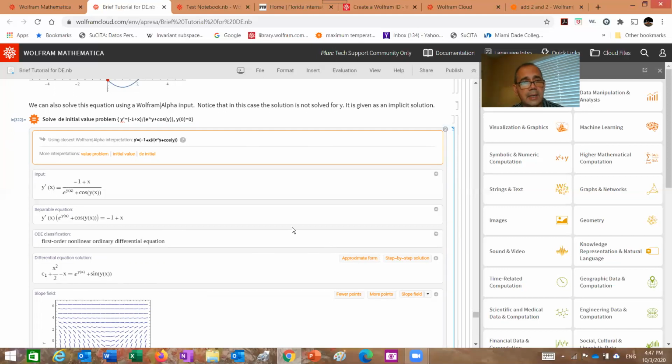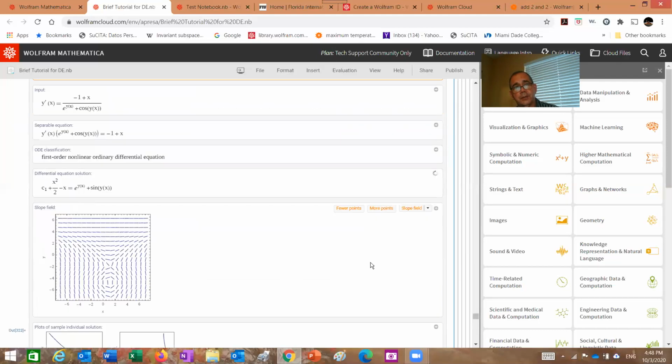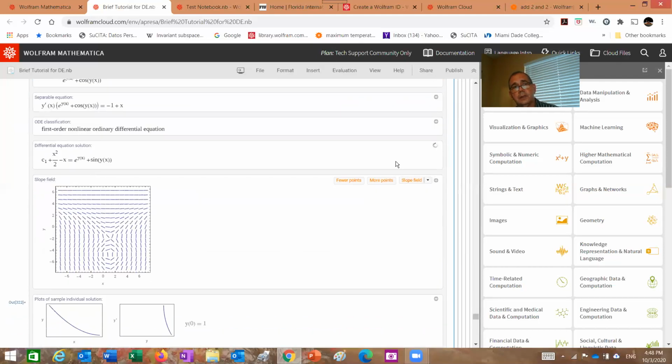If you want to see the step-by-step solution, you can click here, and it is going to return the step-by-step solution of that equation, something that is not free when you are using Wolfram Alpha. But let me continue because I don't want to take the whole time.